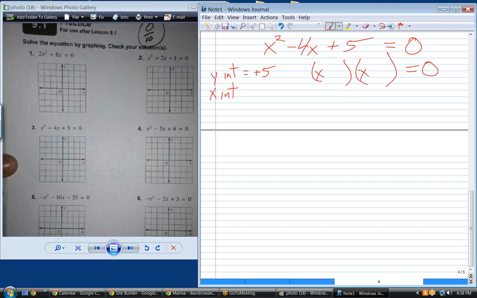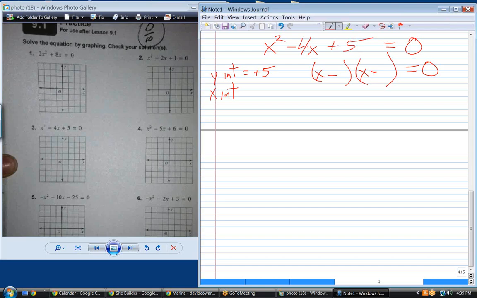We examine the sign on the constant, which is a plus. That tells us it's either plus plus or minus minus. Which is it in this case? It's minus minus, because the middle term is minus.